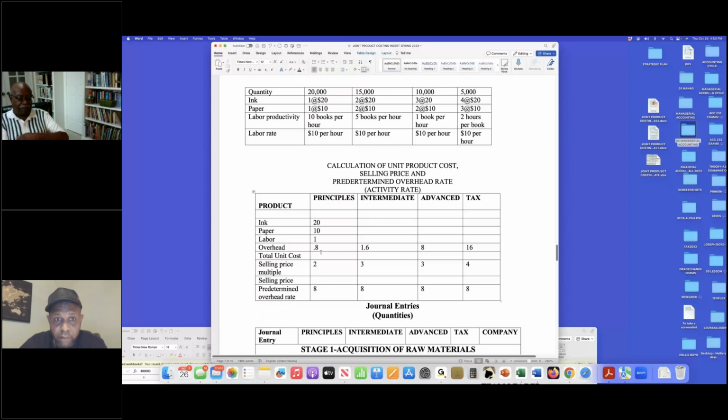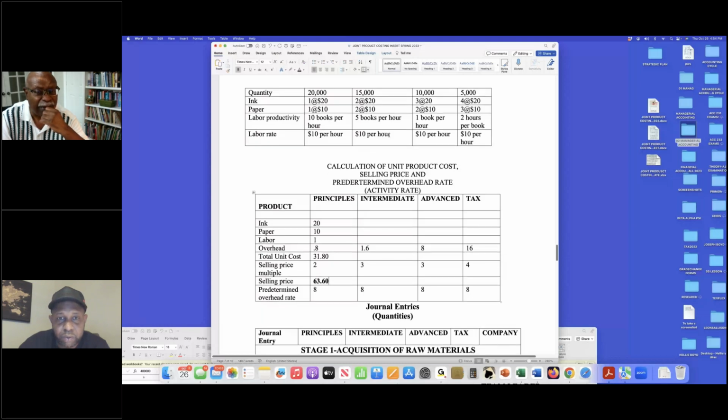So the 0.8 goes into that as well. Yep. Ink, paper, labor, and overhead. We've been doing that for the duration. So it's 63.6 for the selling price then. Okay. Real quick, hold on. We got the 31 point... When we got the 0.8, that's because we took 20,000 and we divided it by what?